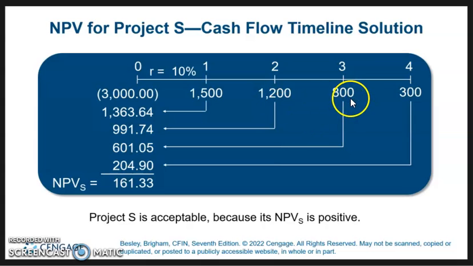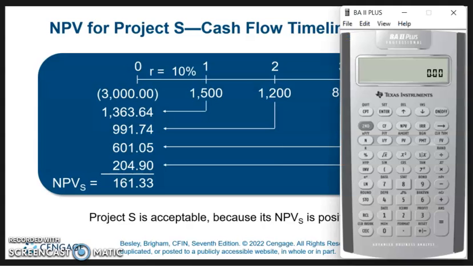The $800 would be divided by 1.1 cubed, and the $300 would be divided by 1.1 to the 4th power. So for the net present value, we sum up all the present values and then add back that initial cost, and we get an NPV of $161.33.